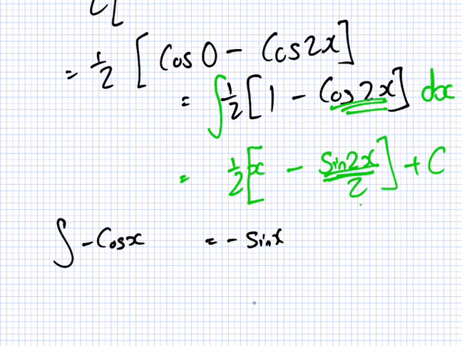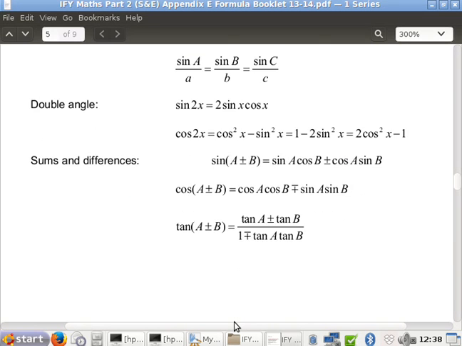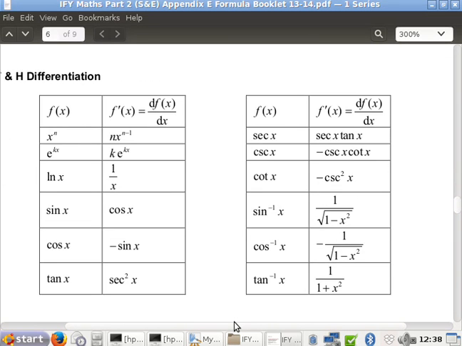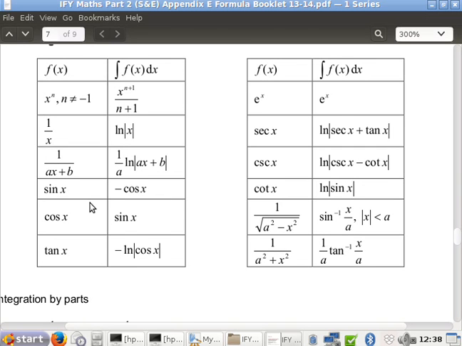You might be thinking when you find the derivative of cos, or minus cos, that is sine. Don't worry too much about that, Yusra, because these plus minus things are in the formula book, derivatives here, and integrations here.